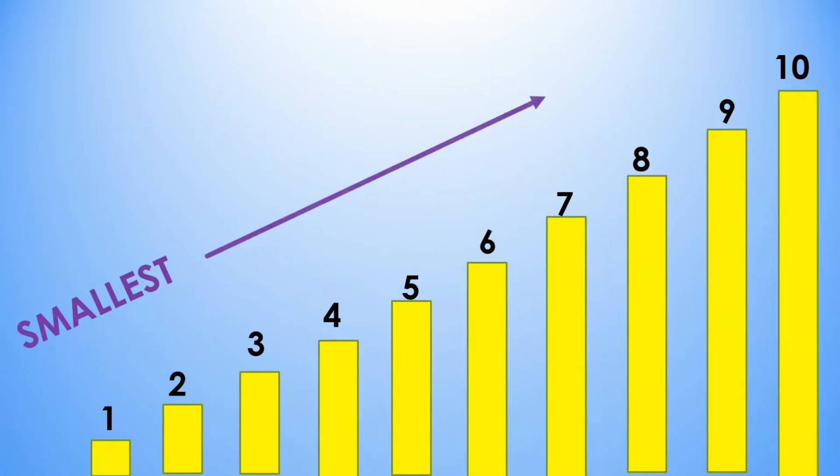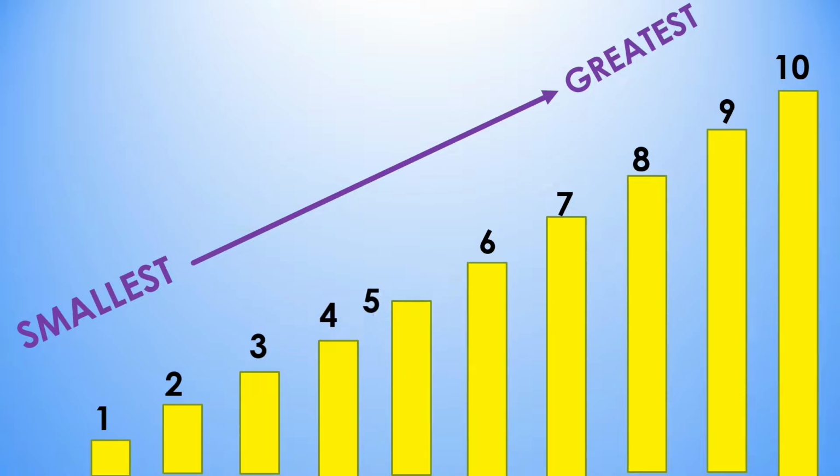We have to move from smallest to the greatest. 1, 2, 3, 4, 5, 6, 7, 8, 9, 10. Children, always keep in mind that in ascending order, numbers always keep on increasing.